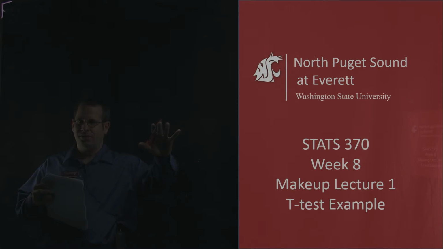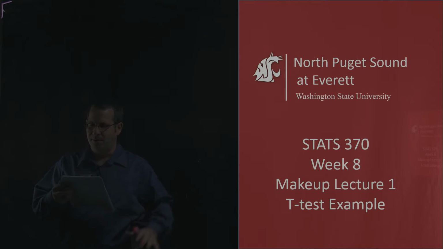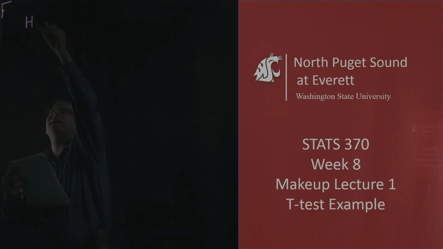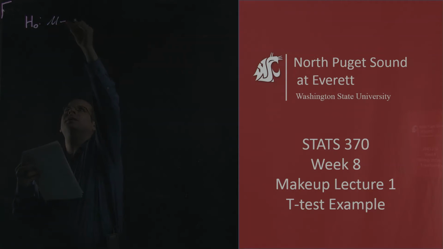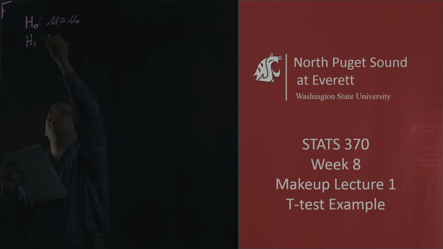Hopefully you've looked at your notes from Monday and you remember, if I want to use this t-distribution, perhaps on a 2-sided t-test, for hypothesis testing I might say my null hypothesis is mu equals some mu naught, and my alternative hypothesis is that mu is not mu naught.